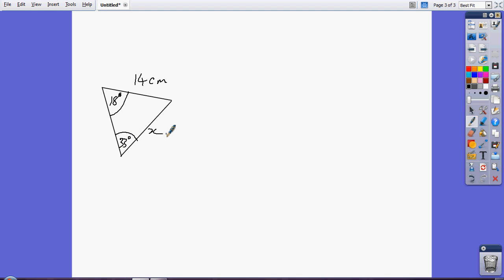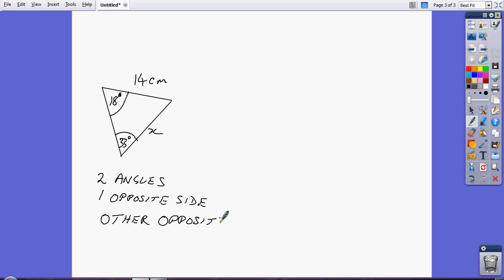So we're in the position where we have two angles, one side opposite one of the angles, and we're wanting to find out what the other opposite side is.